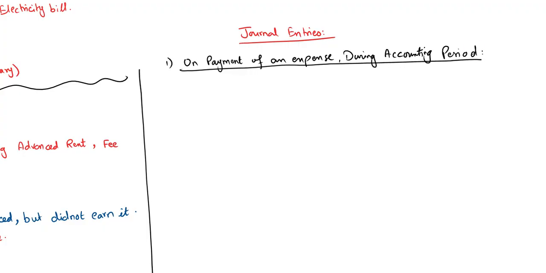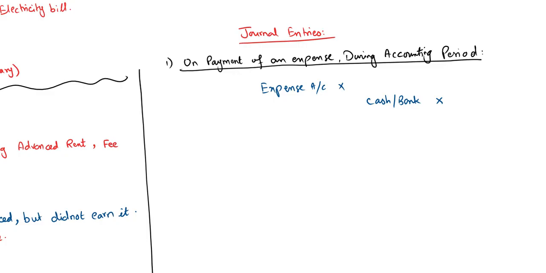So what entry will we pass? The entry will be expense account debit, and cash or bank credit.